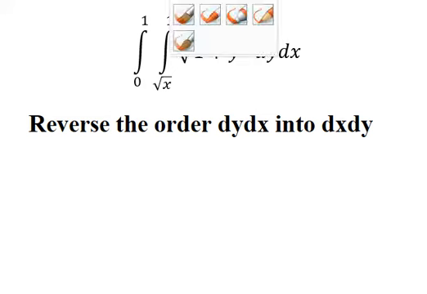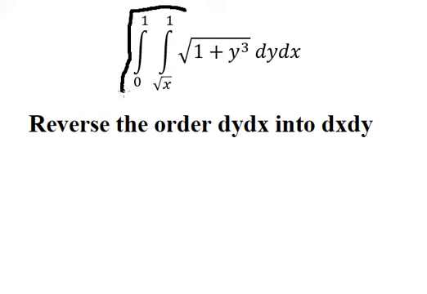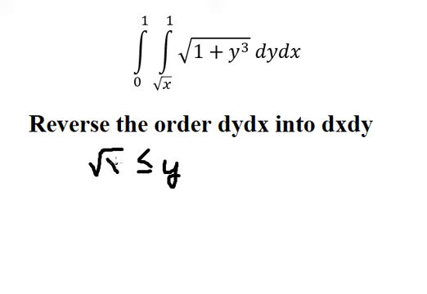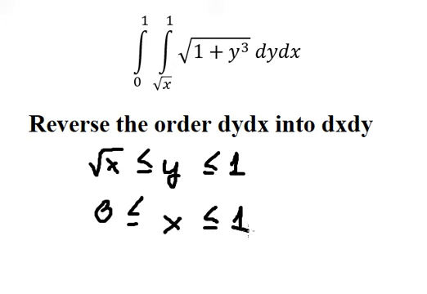First, we need to concentrate on the bounds about dy. So y is greater than or equal to the square root of x and smaller than or equal to number 1. About x, that is greater than or equal to number 0 and smaller than or equal to number 1.